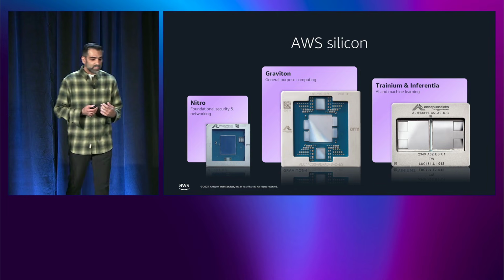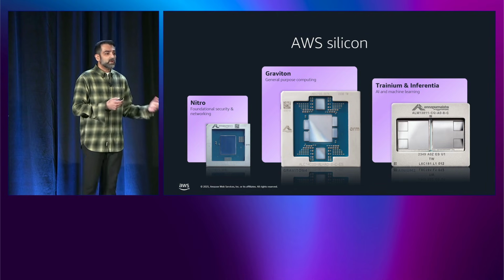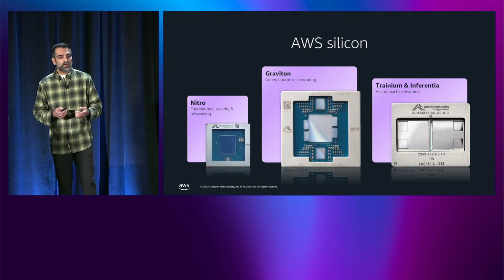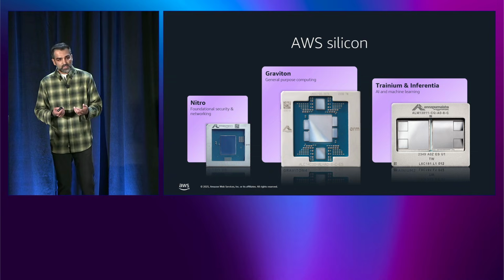So for those that are not super familiar, we're part of Annapurna Labs. We're the hardware division of AWS, and we built purpose-built silicon that serves our customers' most challenging problems, right? So the first product that Annapurna brought to market was Nitro for network acceleration and hypervisor solutions. The next product was Graviton, bringing general purpose compute with lower cost and higher performance, and of course, Inferentia and Trainium.